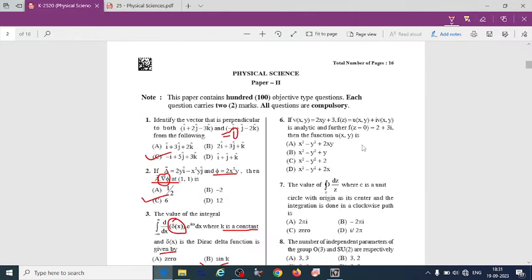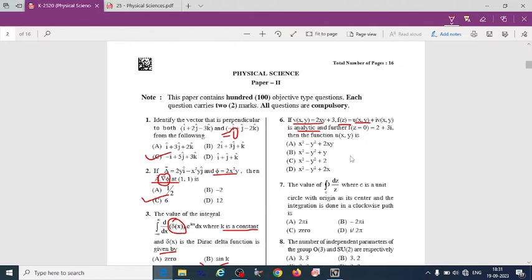And here is the question on analytic function. So first you should know the condition for that. Using the two functions v(x, y), u(x, y), f of z, you can just evaluate the equations.